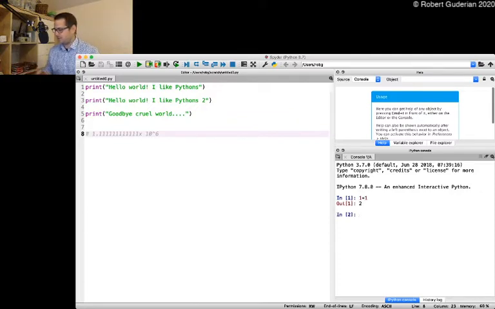And if I say 1 plus 1.0, well, what should be returned? It's going to be a floating point number, so 2.0. And that is how Python will tell us that it's showing us a floating point number instead of an integer.